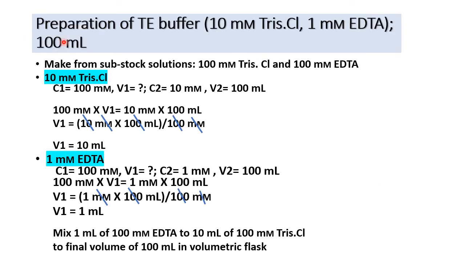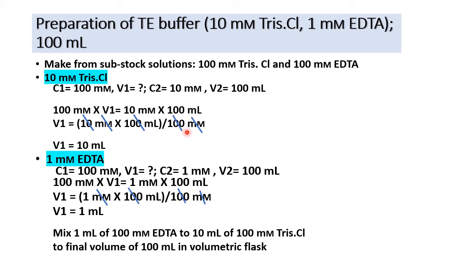Now how to prepare the final solution of Tris EDTA buffer: 10 millimolar Tris chloride, 1 millimolar EDTA, and you want to make it 100 milliliters. From the substock solutions, for Tris chloride, use the C1V1 equals C2V2 formula. 10 millimolar is the concentration you want to make, 100 ml is the volume required, and 100 millimolar is the concentration you have.